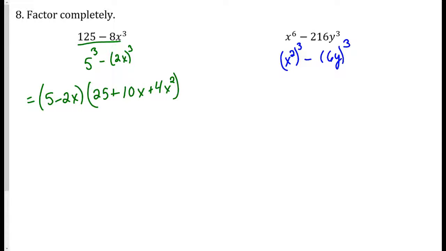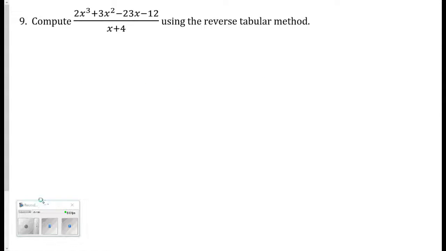So we can apply, again, the difference of perfect cubes formula here and get (x squared minus 6y) times the first one squared, well, x squared squared is x to the fourth, plus their product, so 6x squared y, and then the second term squared, plus 36y squared. Can I factor x squared minus 6y anymore? No.